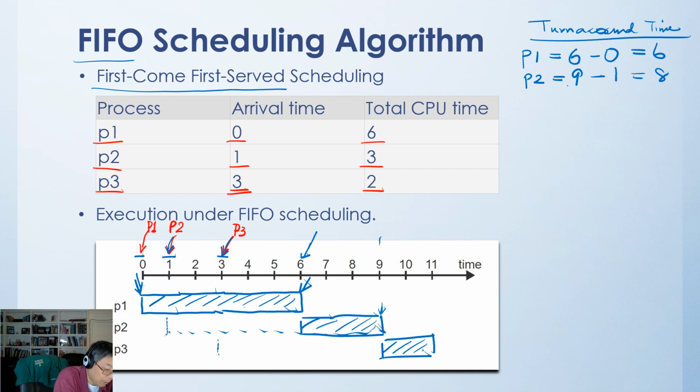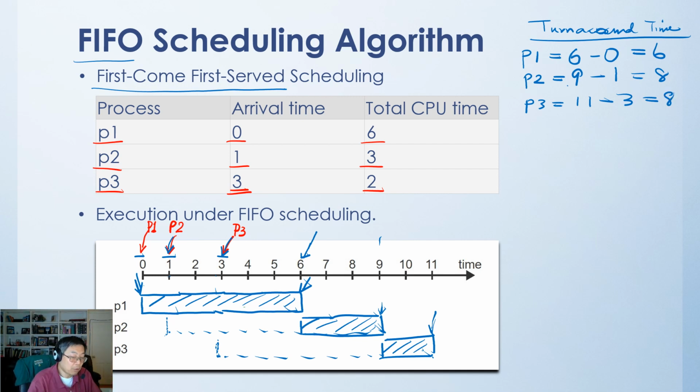And then what about P3? P3 arrived at time 3 and completed the job at time 11. So the turnaround time is going to be 11 minus 3. So it's also 8.